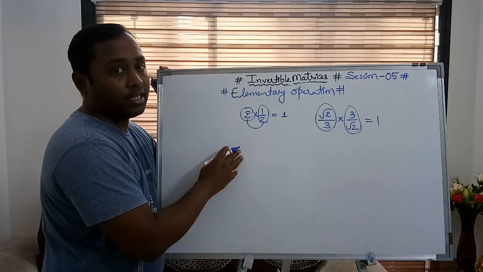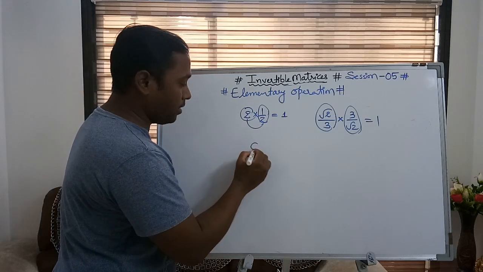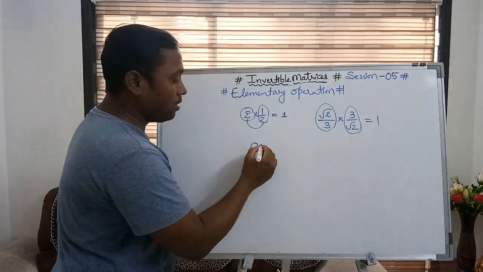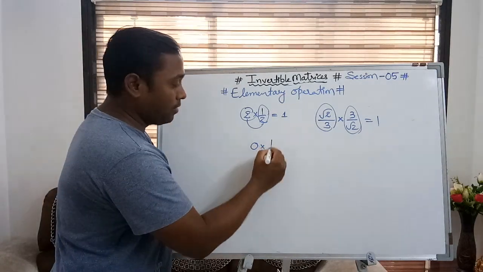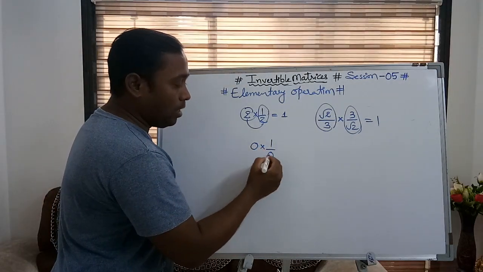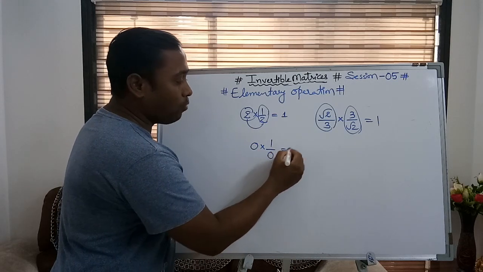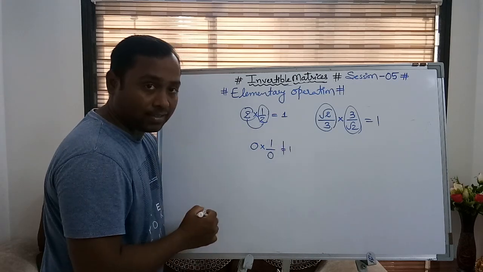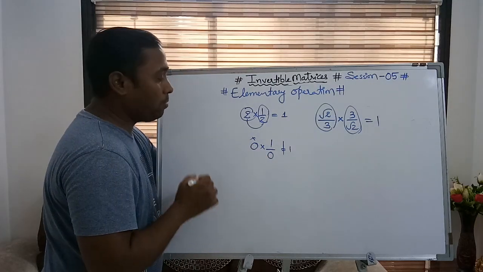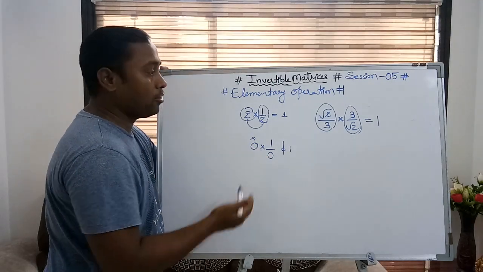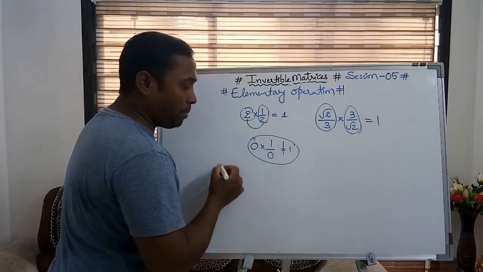No. The answer is no, because if I take 0 as a real number, it does not possess any multiplicative inverse. It means that with 1 by 0 we cannot get the answer 1, which is meaningless. So hence 0 has no multiplicative inverse.